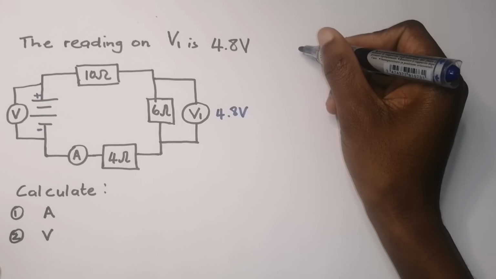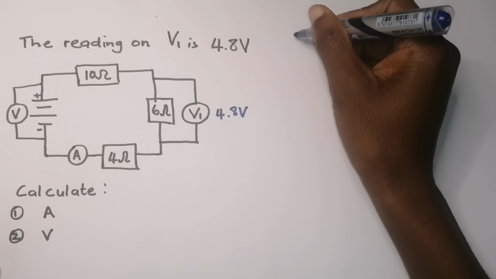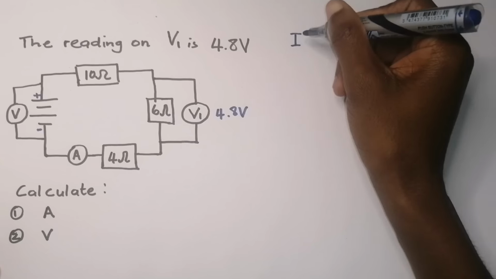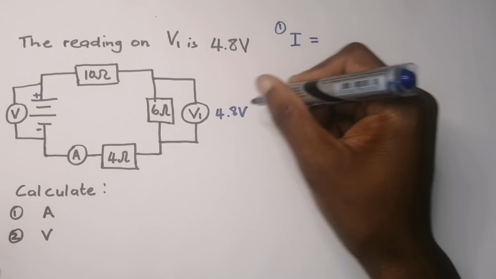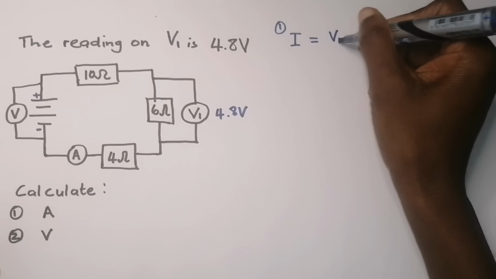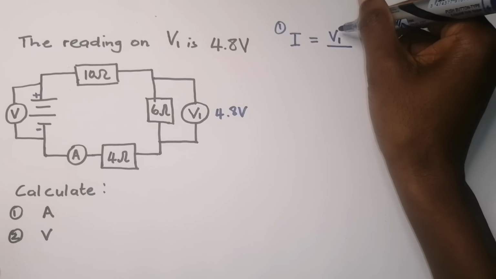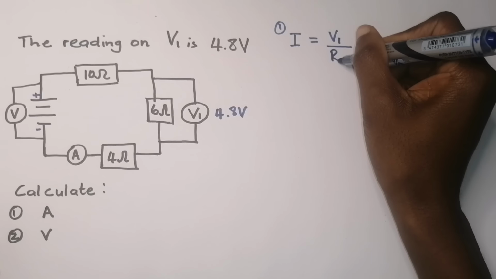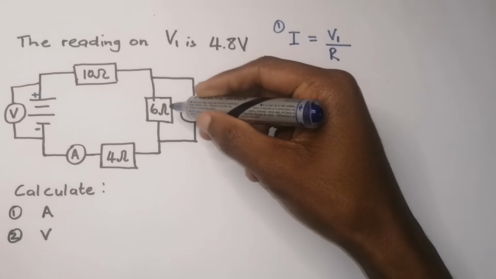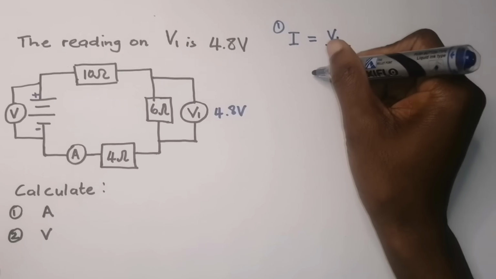So in this case, once again, it's going to be I, so that's going to be my number 1. So I is equal to V, but which V? V1, voltage with its corresponding resistance, over R, right? So we're going to have that resistor there, right?